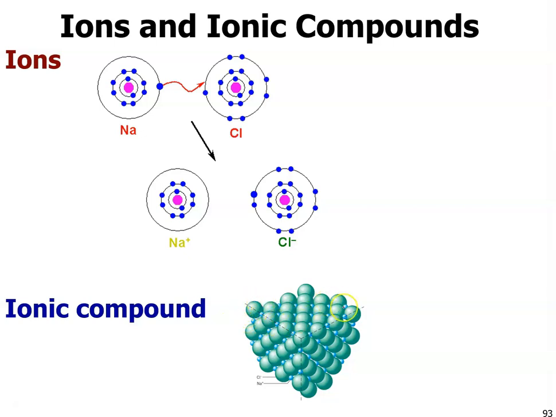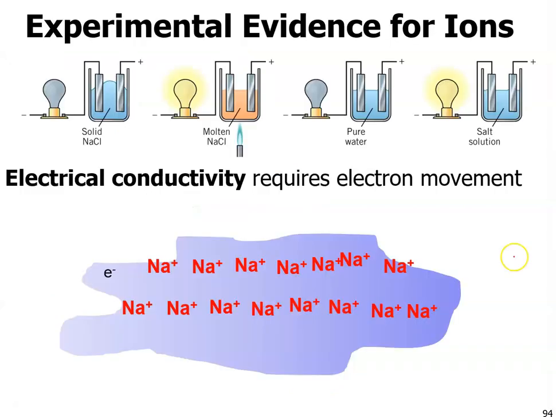The charges are evened out and distributed, and there's no movement. There's no ability for electrons to jump from this sodium to this sodium because they're too far away. You can see that here, if I make this solid sodium chloride and I have a battery hooked up to a light bulb, I get no light turning on.